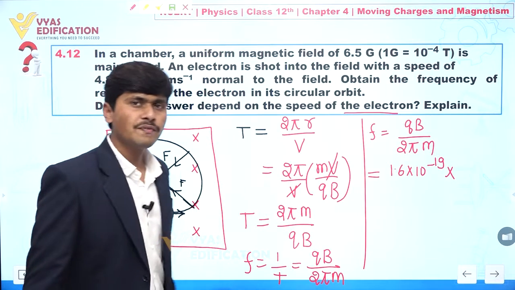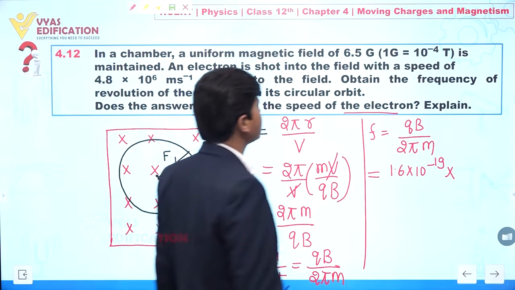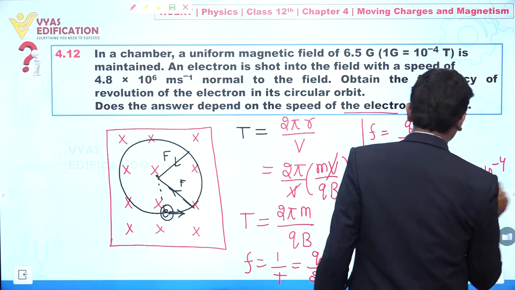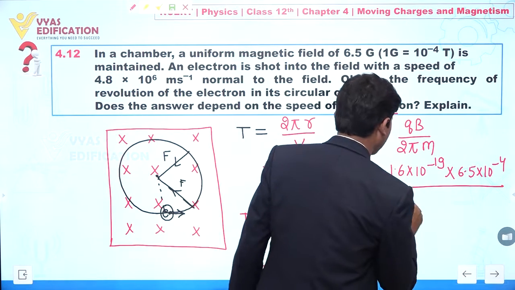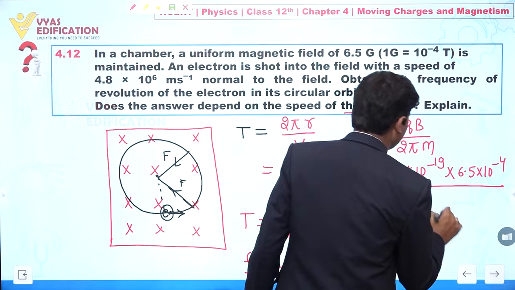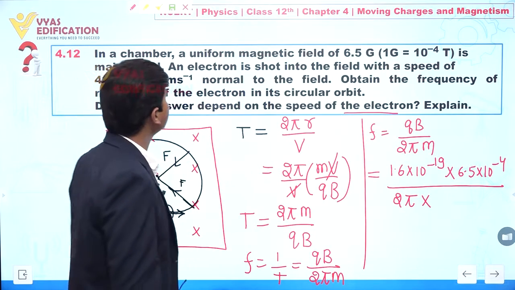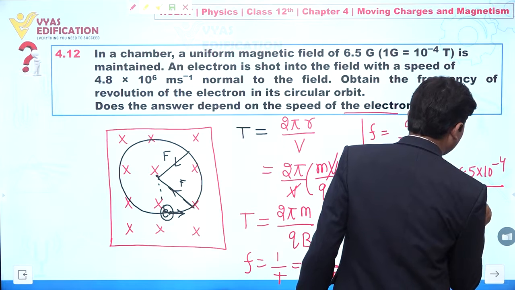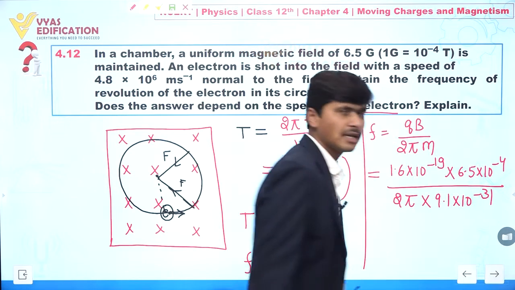B is 6.5 into 10 to the power minus 4, divided by 2 pi and multiplied by m. The mass we know is 9.1 into 10 to the power minus 31.